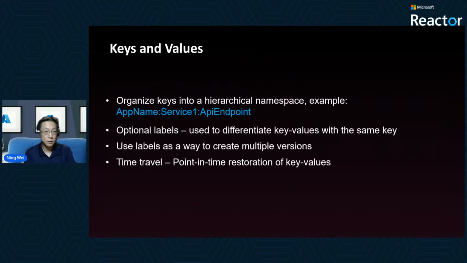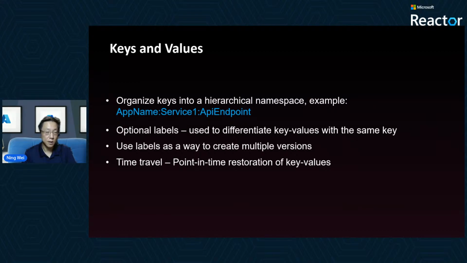So all the configuration settings in the App Configuration are stored in the form of key and value pairs, right? You can define the keys in any sort of format, but we typically recommend you define a hierarchical namespace.